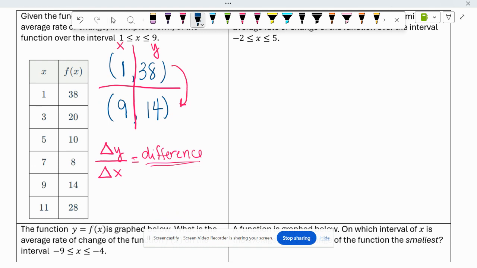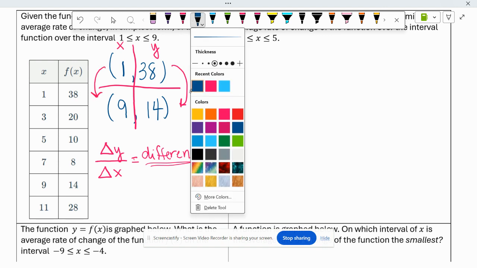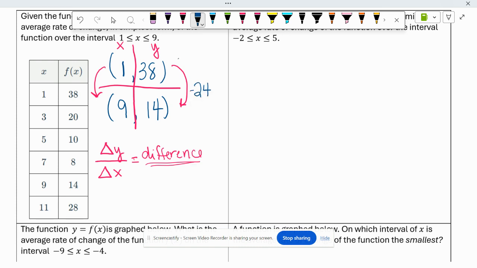So I know that 38 minus 14 is 24. Now I have to look for the difference between the first and the second. And this is a negative 24, right? Because I said it's 24 less. So what about the change in x? Did I add something or subtract something? I added. How much did I add? I added 8. Okay. So let's see.